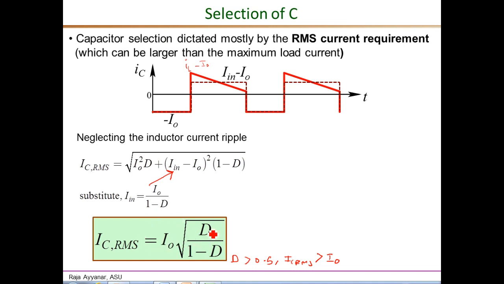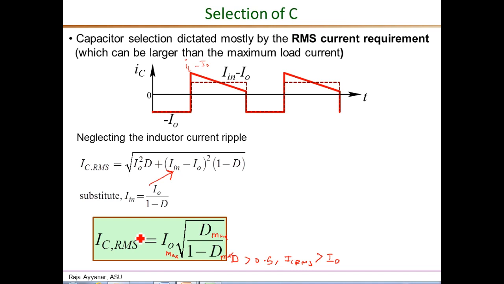And obviously in this expression we need to substitute the IO max value if the load current is changing, and for the D we should use D max. That is what maximizes this expression. Now this is an approximate expression for the RMS value.